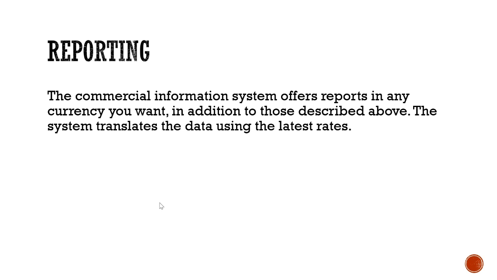Some years back it was 50 rupees equal to $1, and now it is 83 or 84 rupees equal to $1. So if I want to see some old report, it will show at today's rates. In this way, the system translates the report data according to the latest rates and shows the latest report.